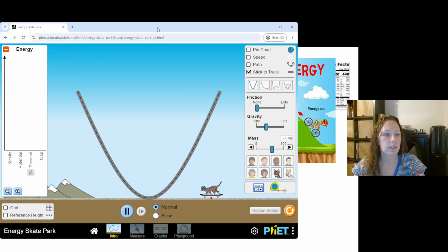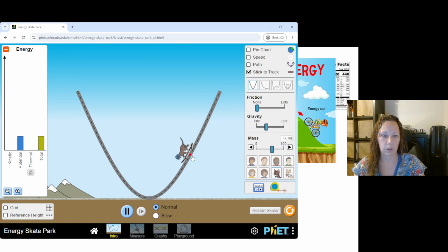Okay, so here's the skate park. What I want you to pay attention to is this graph on the left that is showing the kinetic and potential energy. You can change the little figure; I made this one a cat. At the top of this ramp, this cat has high potential energy because it can go super fast down this ramp.